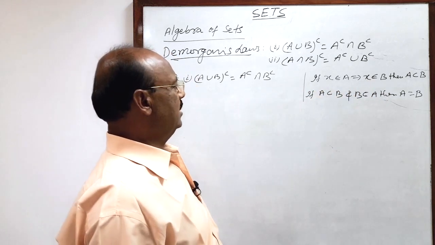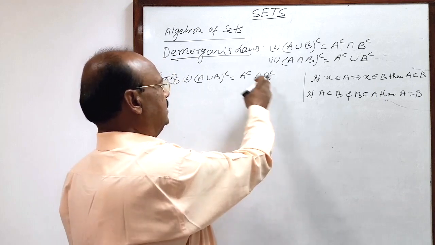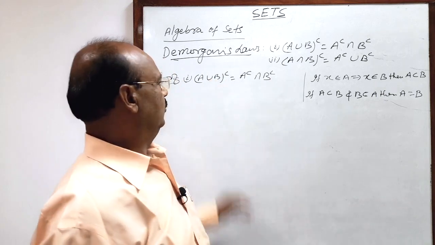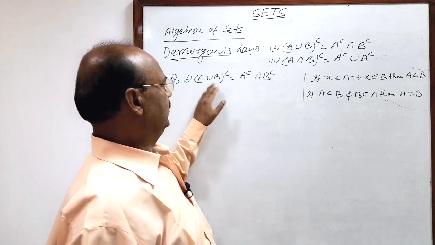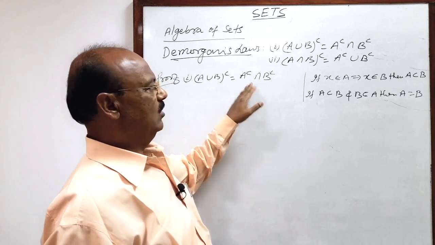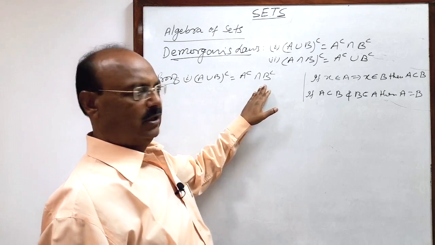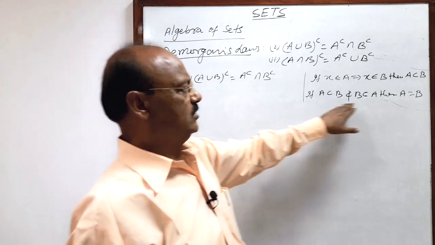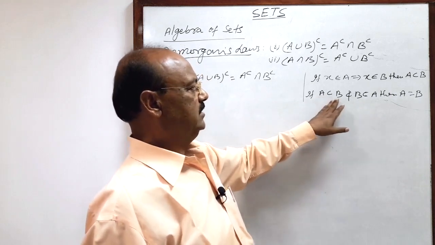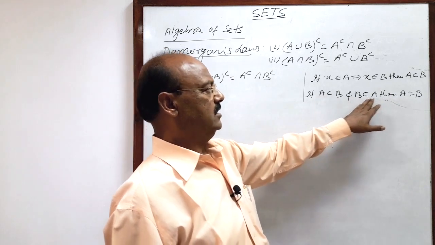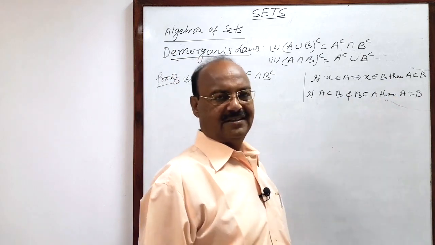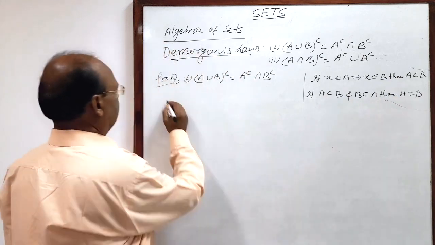Similarly, in the second step, we will show that RHS is a subset of LHS. By combining these two results, we can prove that (A union B) whole complement is equal to A complement intersection B complement. If LHS is a subset of RHS and RHS is a subset of LHS, then LHS is equal to RHS. Okay, so let us start.